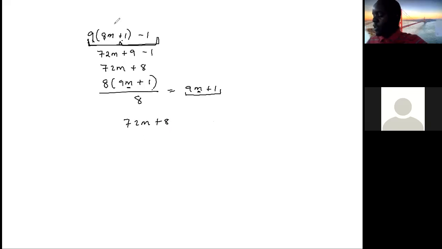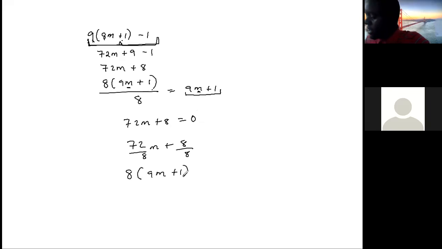You cannot divide, because you're going to have 72 over 8 plus 8 over 8, so you have changed the question. That's why we only factorize so that you have 9m plus 1. If they say give us back what you had, you just expand to 72m plus 8. So I haven't changed anything.